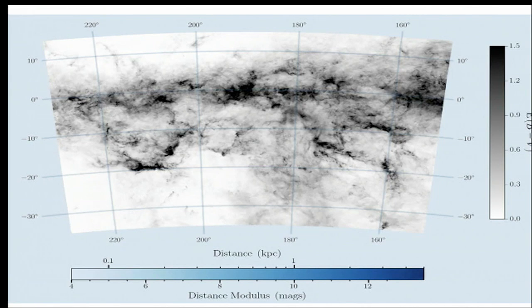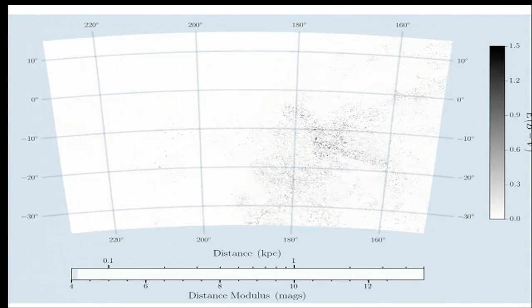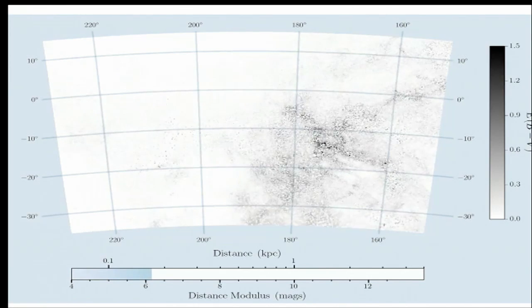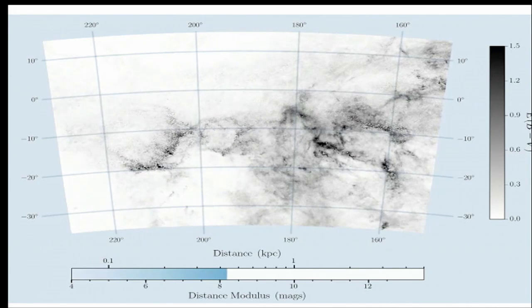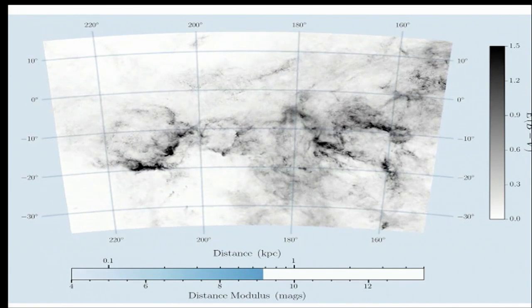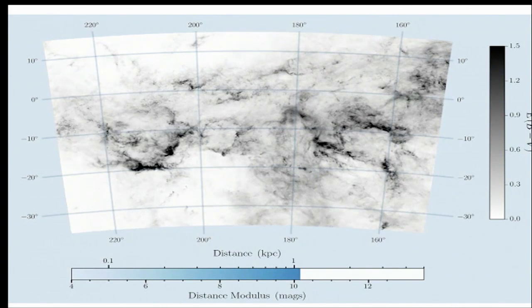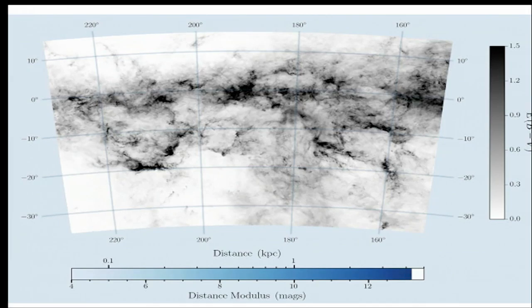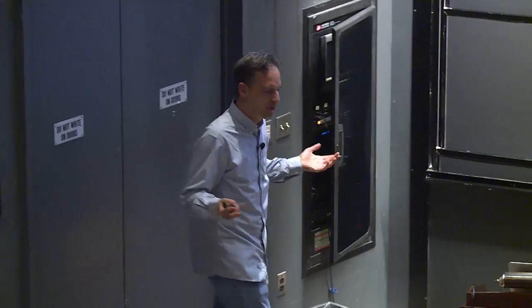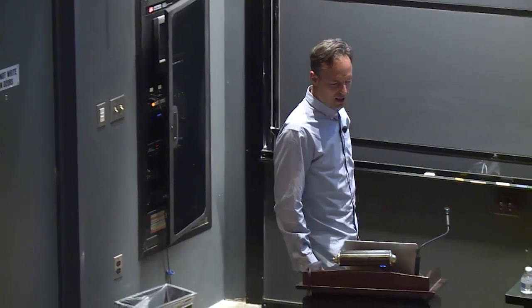You may notice the pixels are flickering. I actually like this way of representing uncertainty. All of this information came out of a Markov chain. I was at the Max Planck Institute in Heidelberg talking to David Hogg one day, and I said, I don't know whether to plot the mean, the median, the mode. What should I plot? And he said, just plot the samples. Why are you choosing? And that's right.